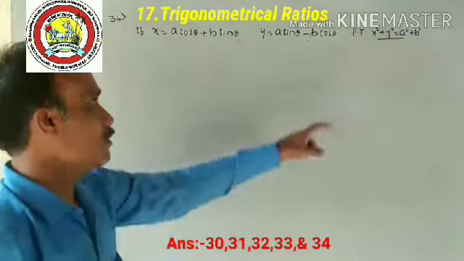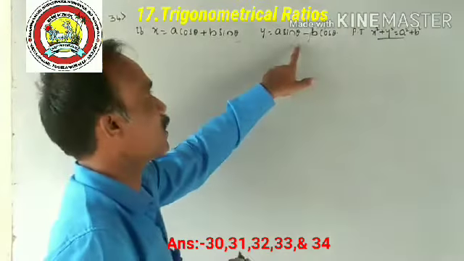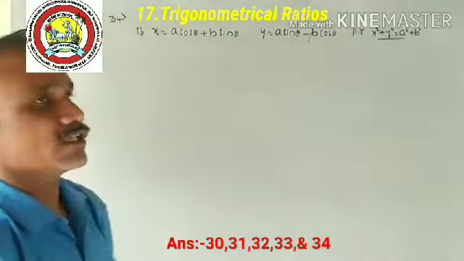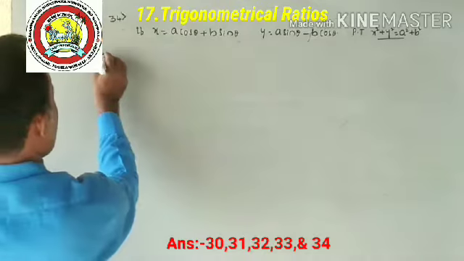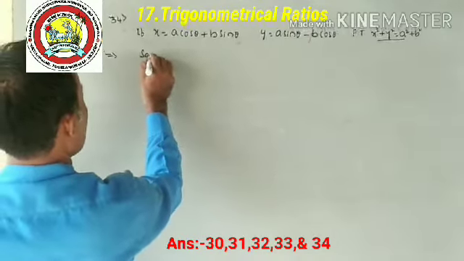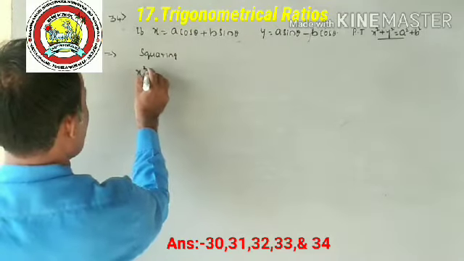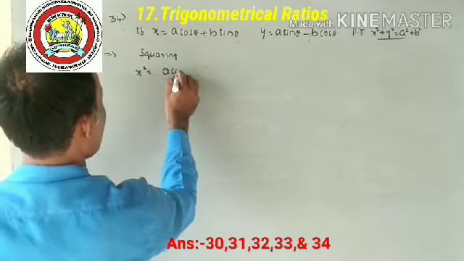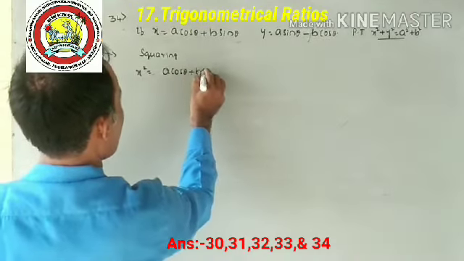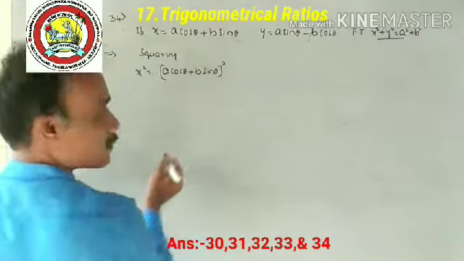That's very simple. So consider LHS. X square means you have to make it square completely. Similarly y square also. Then you should add, you get RHS, that is a square plus b square. This implies, as squaring, x square is equal to a cos theta plus b sin theta complete square.